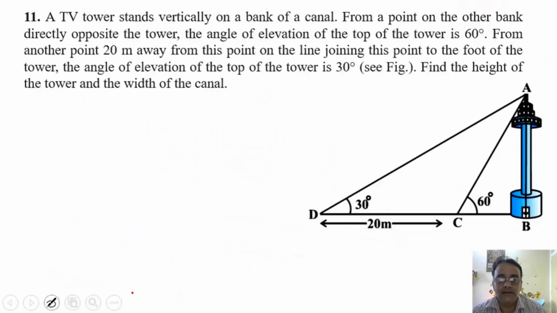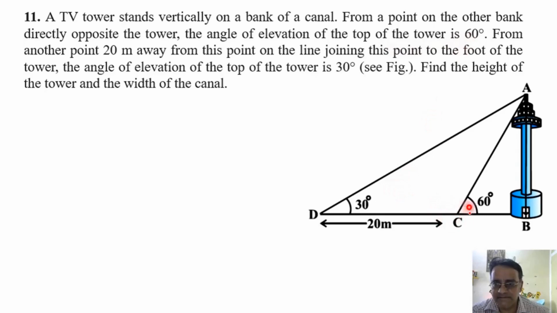No, sir. Okay, now let us move toward question number 11. A TV tower stands vertically on a bank of a canal. From a point on the other bank directly opposite the tower, the angle of elevation of the top of the tower is 60 degree.